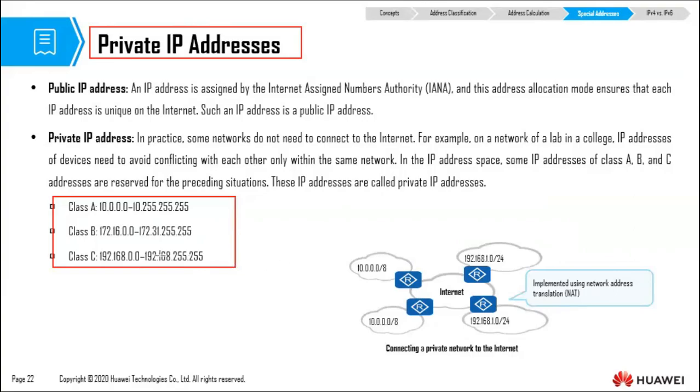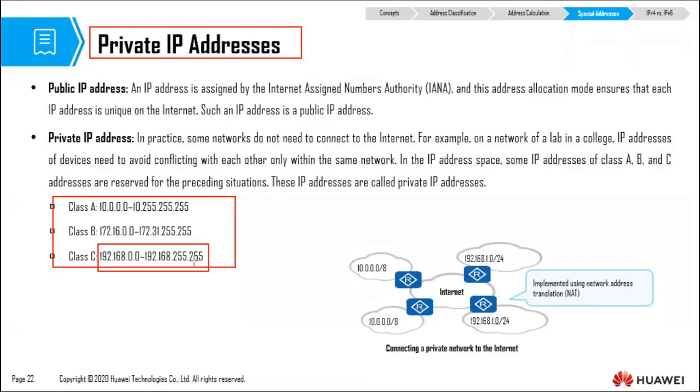For example, one of the most commonly used private address ranges is class C, which ranges from 192.168.0.0 all the way to 192.168.255.255.